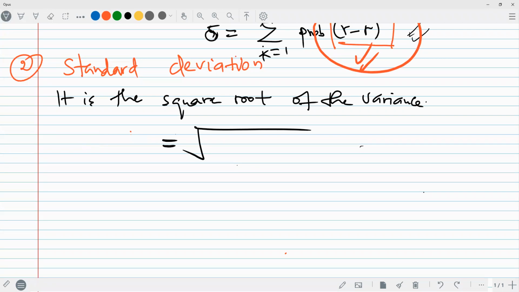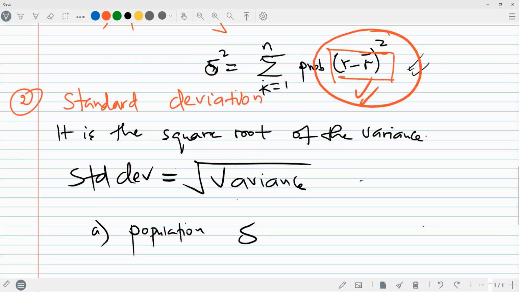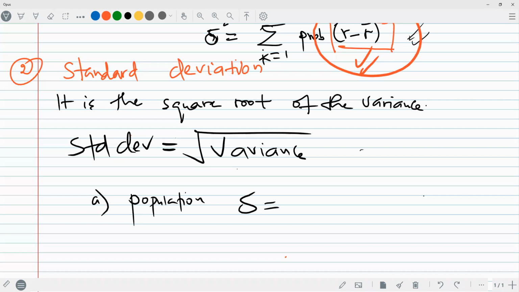Standard deviation is equal to the square root of variance. Therefore, in case you're dealing with the population, the standard deviation, which is sigma with no square, will be equal to the square root of the variance.